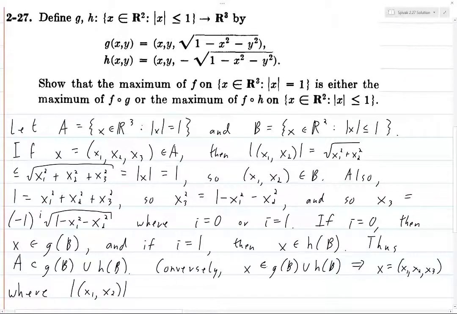If x is in G of B union H of B, then there is some point x1, x2 in B such that x is either equal to G of x1, x2 or H of x1, x2. In either case, the norm of x1, x2 has to be less than or equal to 1, and this third coordinate x3 has to be of this form, where i is either 0 or 1.